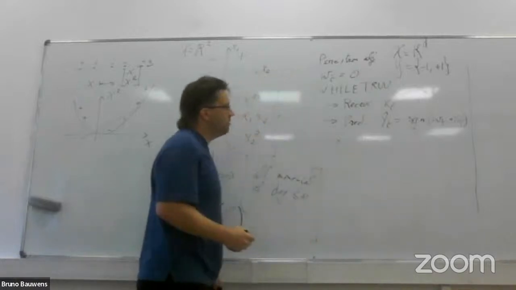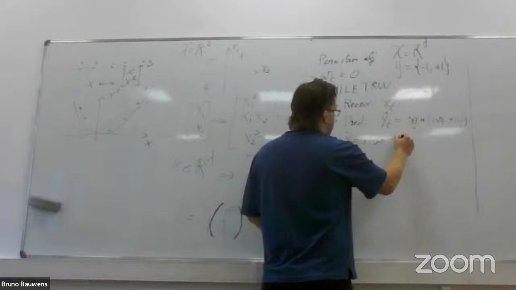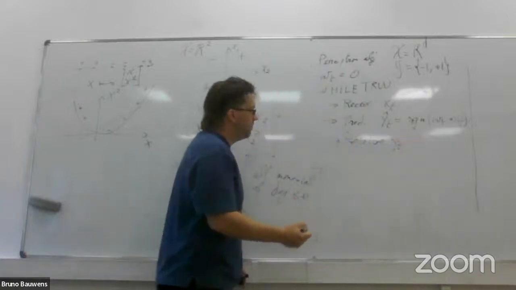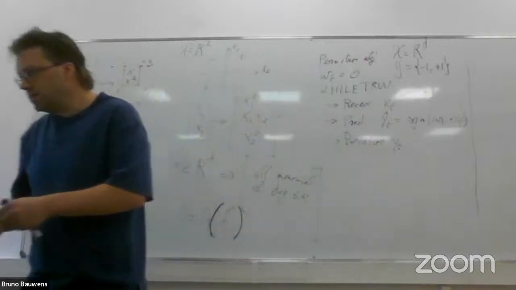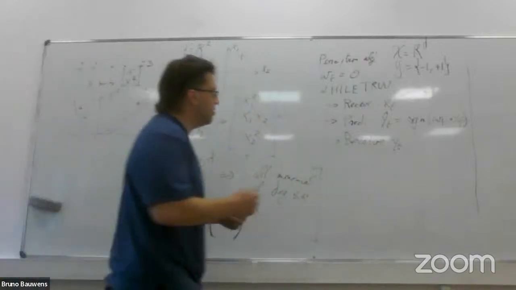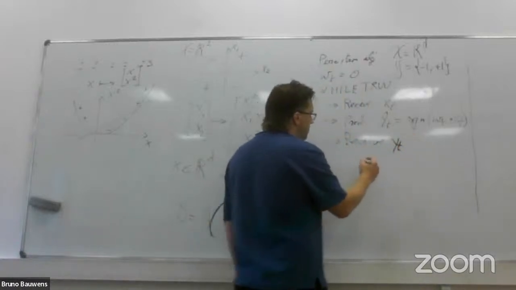And then there is the update: receive the true label, or just any label. In the agnostic setting, we don't have such a thing as a true label. Then we update.